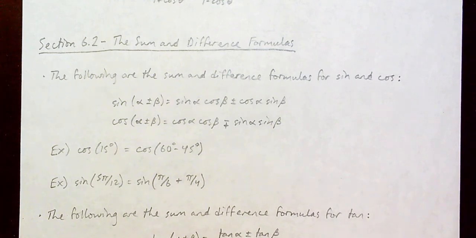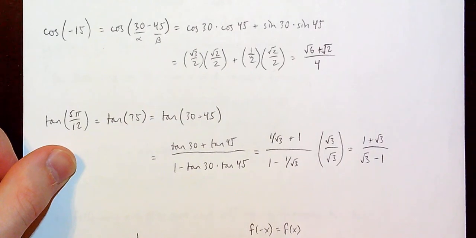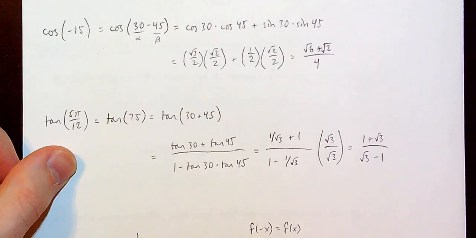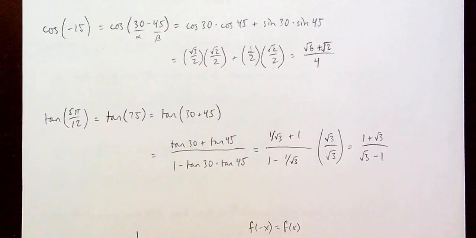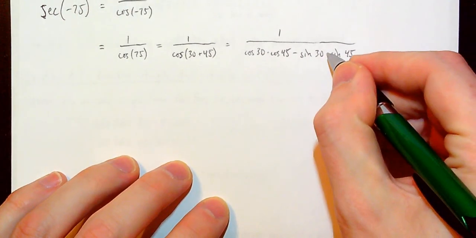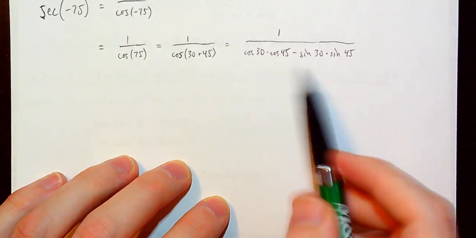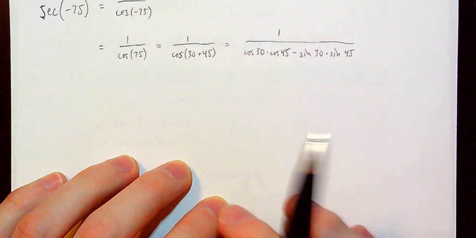And this means that we are going to have 1 over cosine of 30 times the cosine of 45 minus the sine of 30 times the sine of 45. This was our sum formula for cosine here, substituting in the angles of 30 and 45.